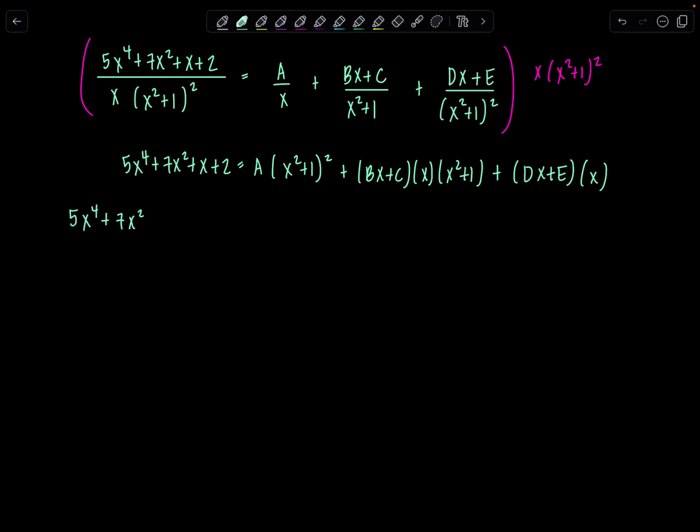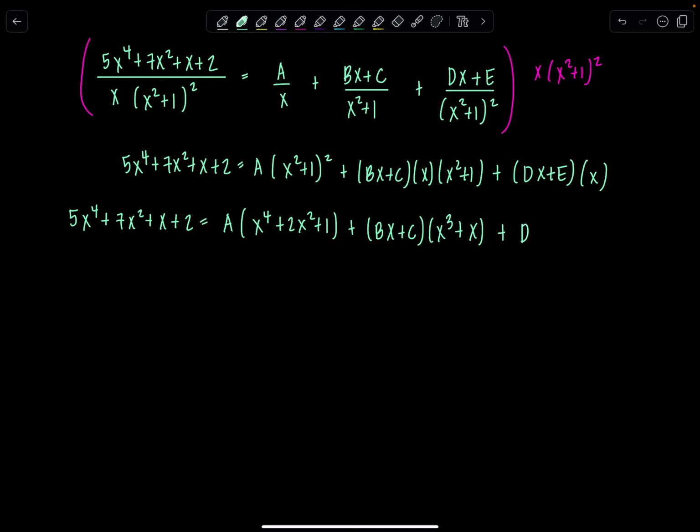So 5x to the fourth plus 7x squared plus x plus 2 equals A times (x to the fourth plus 2x squared plus 1) plus (Bx plus C) times (x cubed plus x) plus Dx squared plus Ex. And then we're almost there. The system doesn't turn out to be too difficult to solve, thankfully.